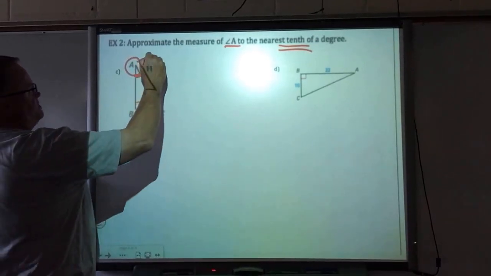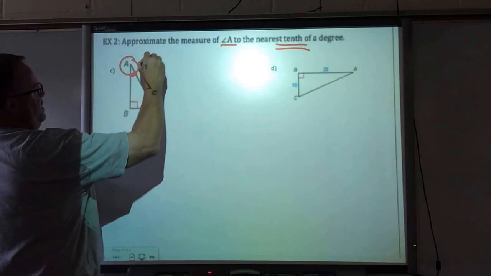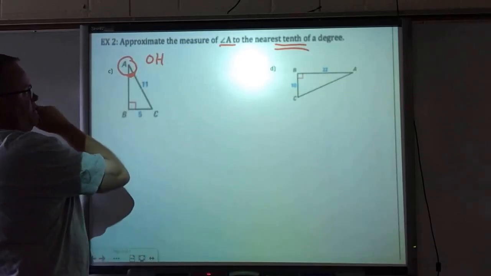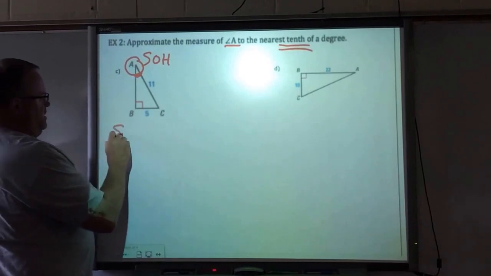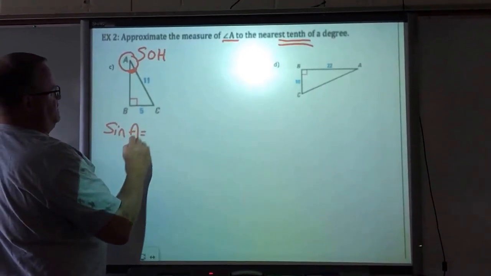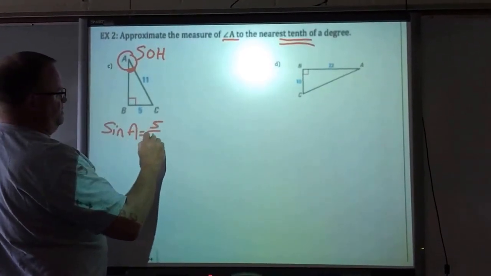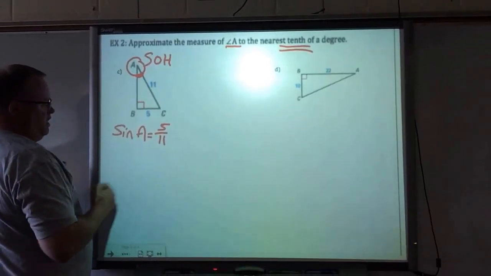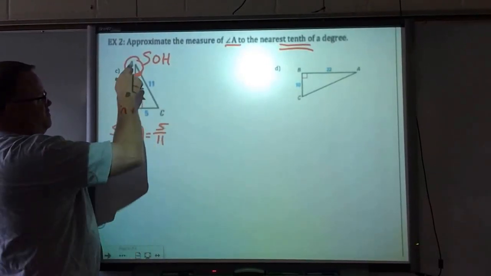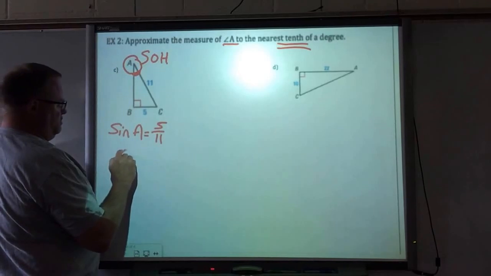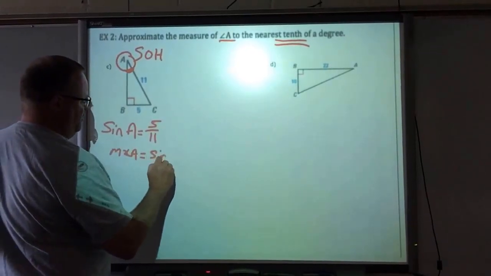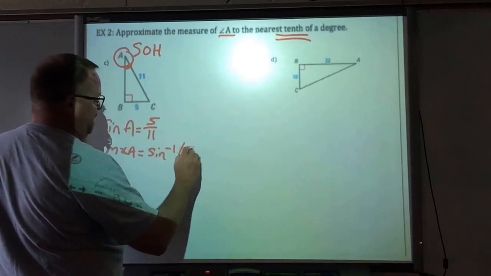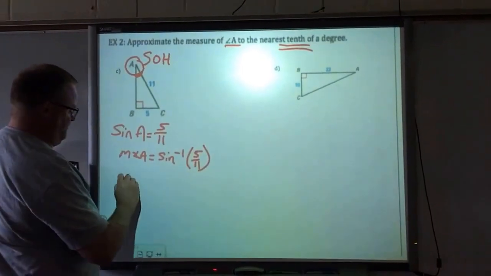Well, I've got an opposite. I've got a hypotenuse. Opposite hypotenuse. That's going to be a SOH. So sine of angle A is equal to 5 divided by 11. Well, I want the inverse of that. I want the measure of that angle. So measure of angle A is going to be equal to the inverse of sine of 5 divided by 11.